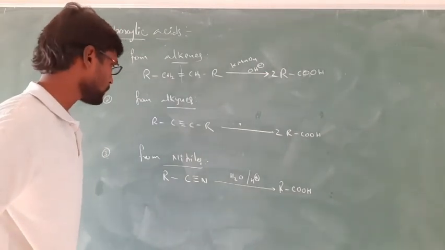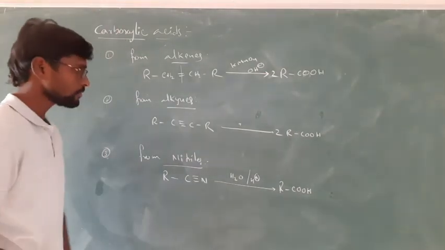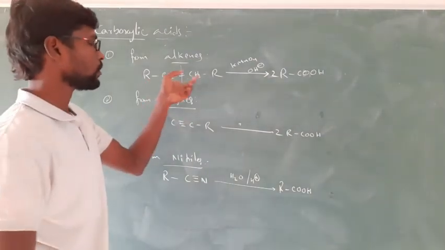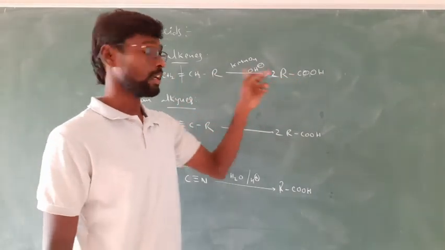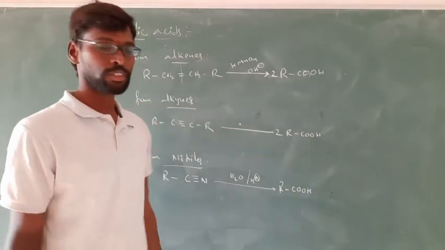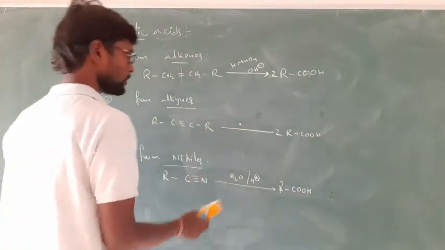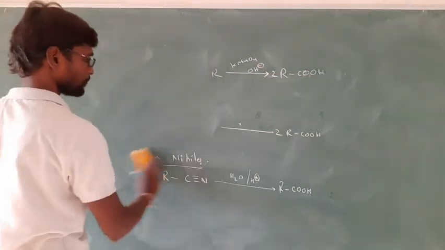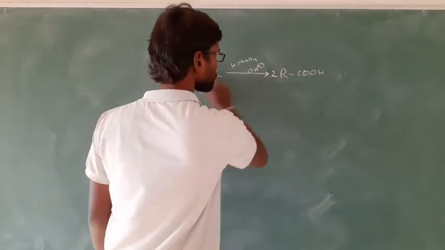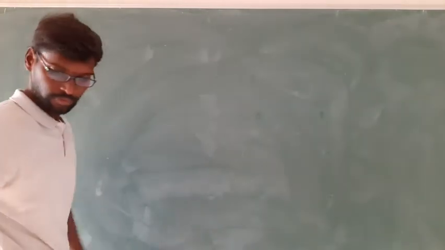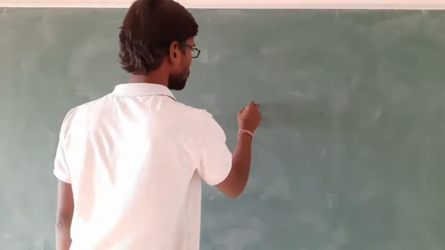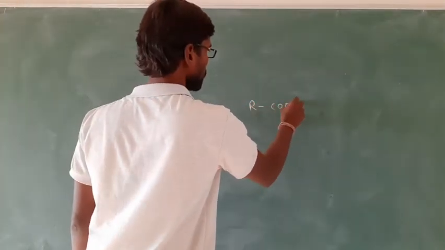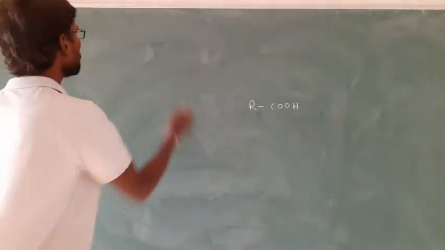Next, further preparation methods are there. Alkenes on oxidation will give COOH. So I'll write in a different manner now. Our product is COOH.